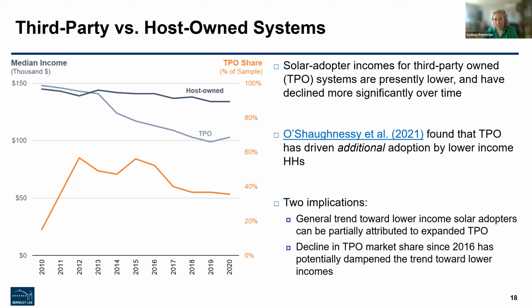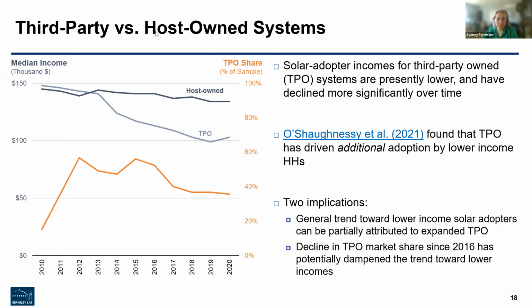The implication here is that the general trend that Galen went over, of the movement towards lower income solar adopters, probably could be partially attributed to the expanded third-party ownership model. And you can see that with the orange line on the bottom and the right-hand axis. There has been a decline in third-party owned systems since 2016, and this could also potentially dampen that trend towards lower incomes. And like Galen showed, there is a flattening of that progression.